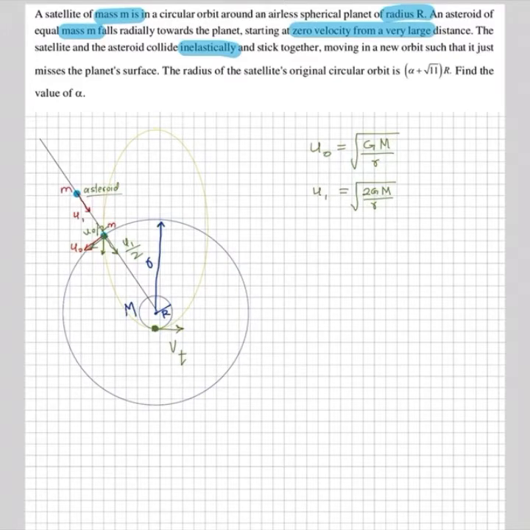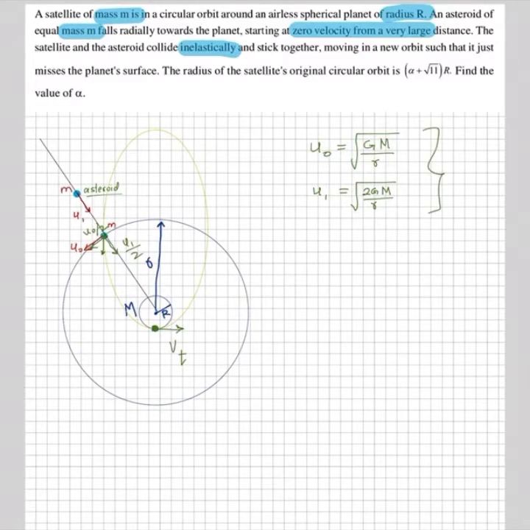First of all, let's assume that u0 is the orbital velocity of the satellite, and u1 is the velocity of the asteroid just before it collides with the satellite. u0 and u1 can be calculated very easily. u0 can be calculated by equating the centripetal force to the gravitational attraction, and u1 can be calculated by energy conservation, and their values will come out as given.